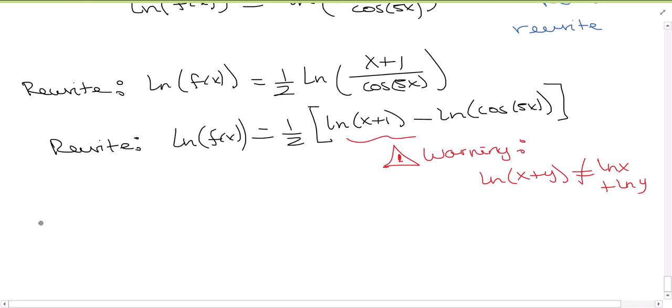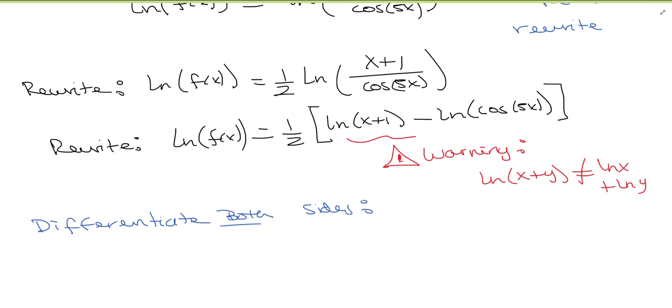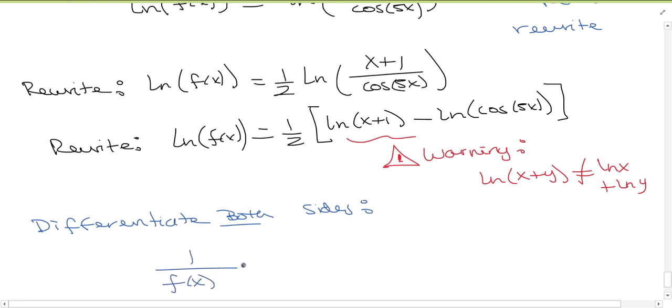So now let's take the derivative. Differentiate both sides. When I take the derivative of both sides, what do we get? ln of stuff is 1 over the stuff, so 1 over f of x, times f prime of x, equals the constant that hangs out.